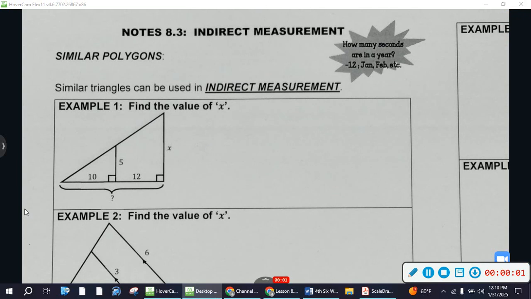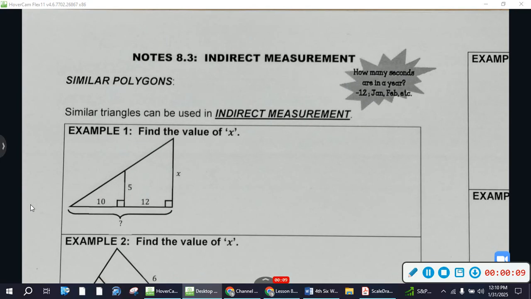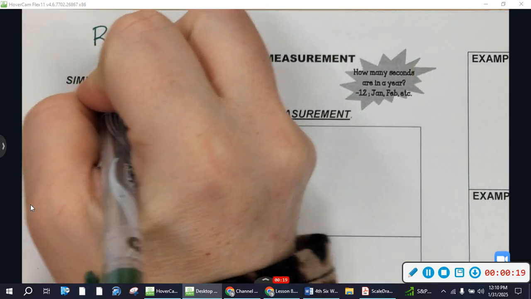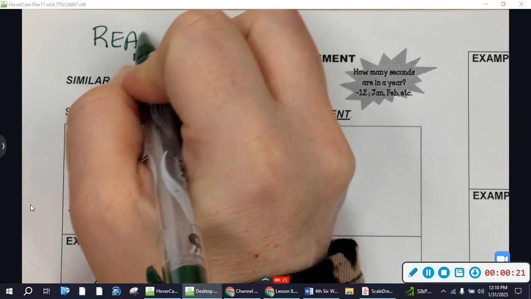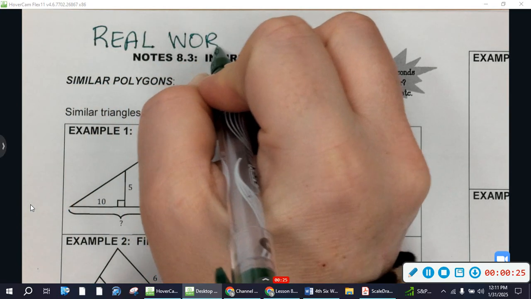Alright, so we are doing indirect measurement, and this all is kind of a build-up from our similarity ratios and similar polygons, and we can now put it all together in real world applications.